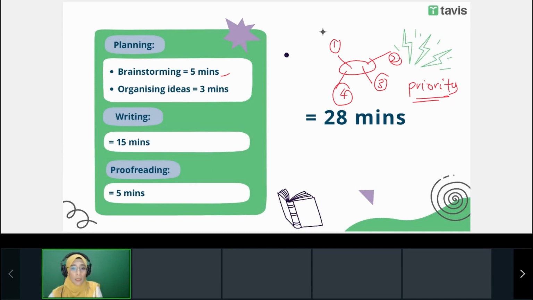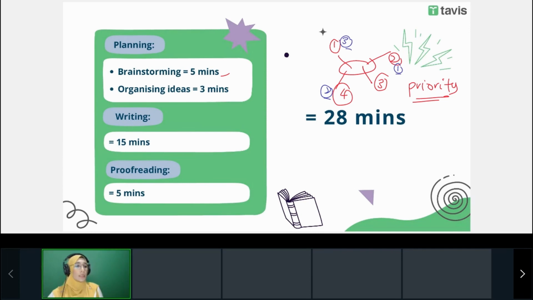So maybe instead of this one being number two, you will make this as maybe number one. Then maybe number four, you make this as the second, which will be the third paragraph, or I'm talking about numbers. And maybe the last one here. Okay, in purple here, this is your body. So body one, body two, and body three.